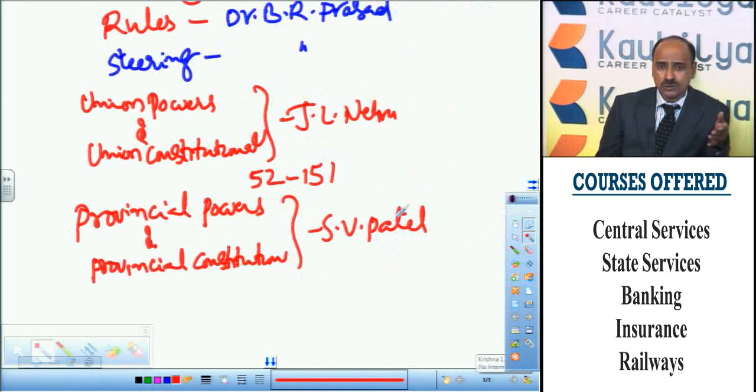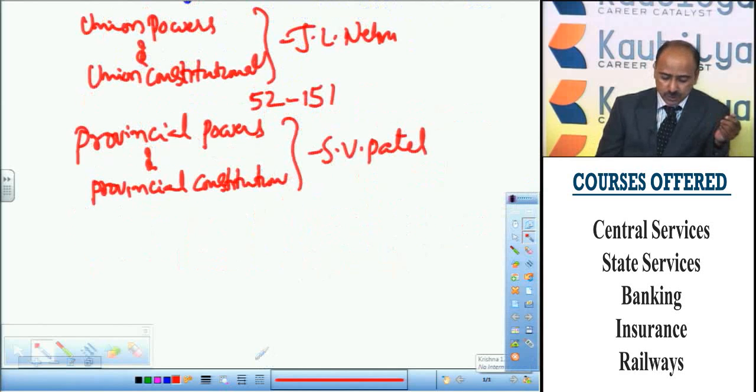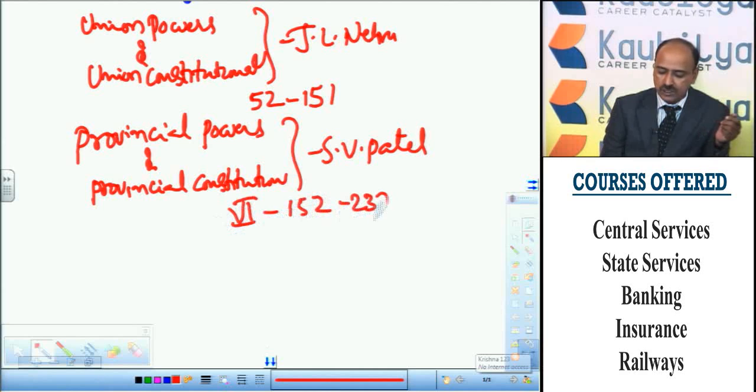He was also chairman of so many other committees. In our Constitution, Part 6 is allotted for provincial powers, meaning state government or state legislature, from Article 152 to 237. All these articles explain state government related matters. All these were made on the advice and guidelines of Sardar Vallabhbhai Patel.